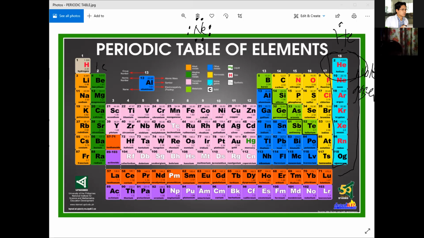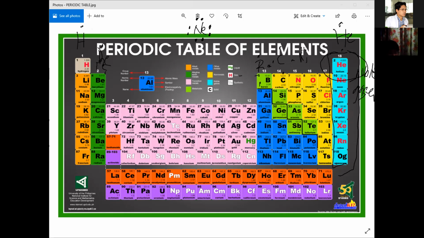The rest, like hydrogen, has one valence electron. Beryllium has two valence electrons. Boron has three valence electrons. Carbon has four valence electrons.